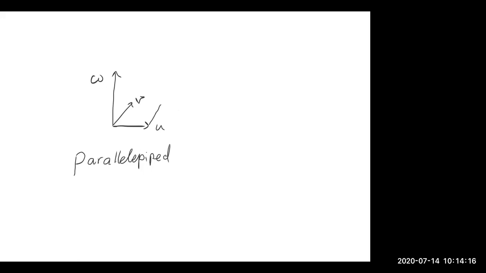If I continue from here parallel to the other sides, and continue from here parallel to the other sides, we get something like this. You might wonder, what is the volume of this thing here?